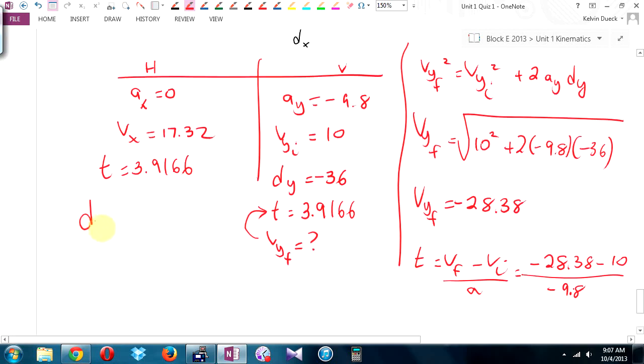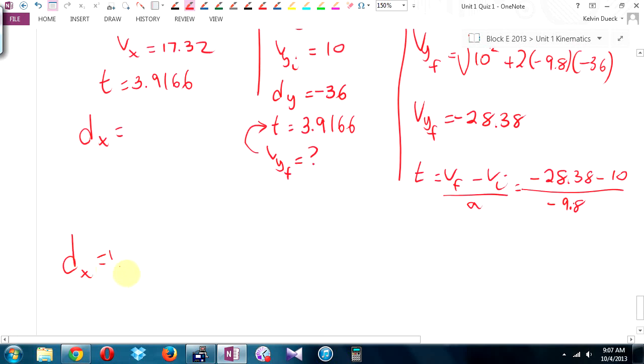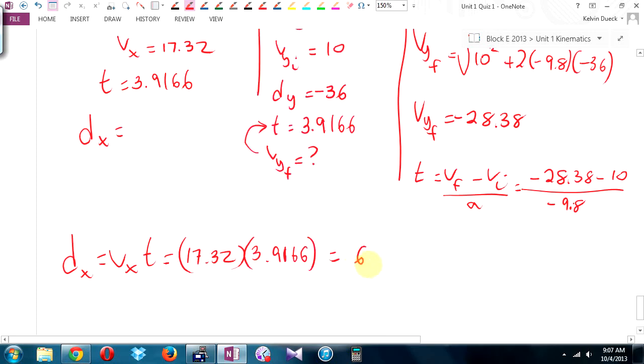Because they want me to find the range. 17.32 times 3.9166. Is the range 67.8? I would also take 67.7, 67.9, anything within 2 sig figs. But I'm pretty sure it's 67.8 meters.